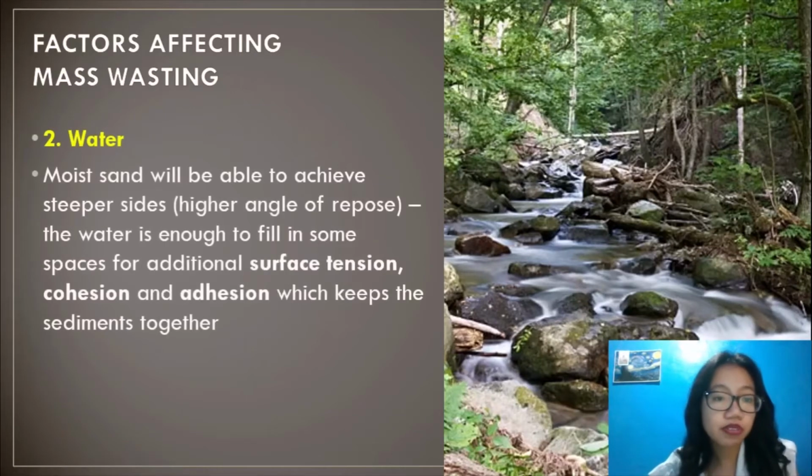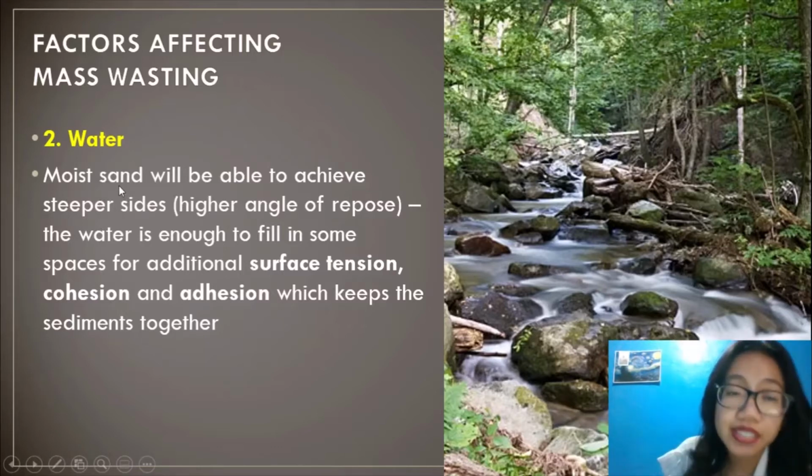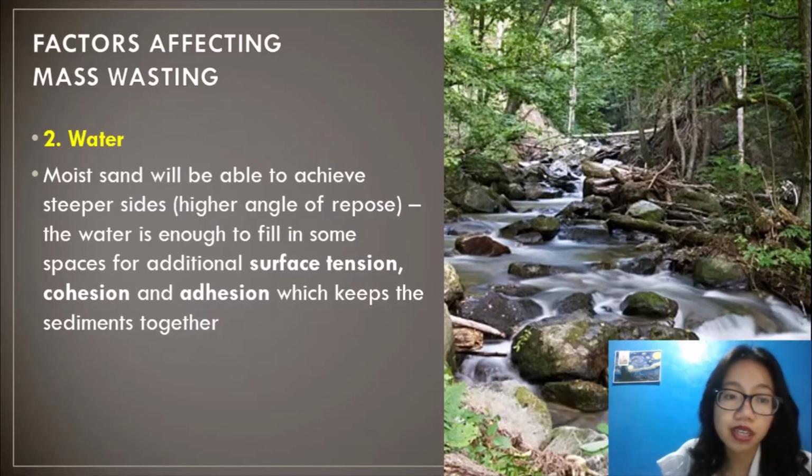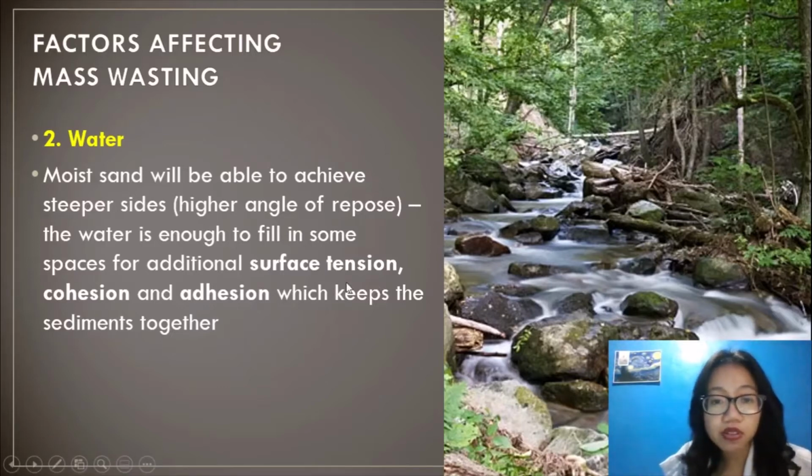Next, we have already mentioned this: you have your water. Moist sand will be able to achieve steeper sides. When water is mixed with the soil or the sand, it will create a higher angle of repose, and that will encourage further mass wasting. There will also be other factors. You may also have surface tension, cohesion, and adhesion.